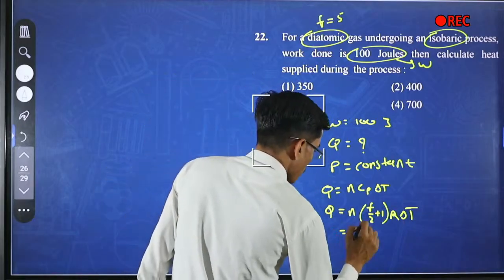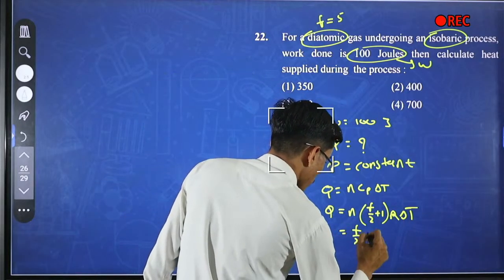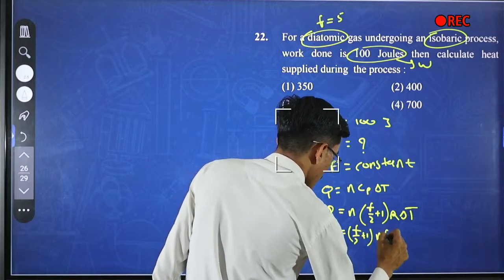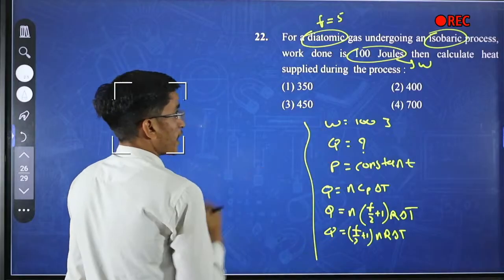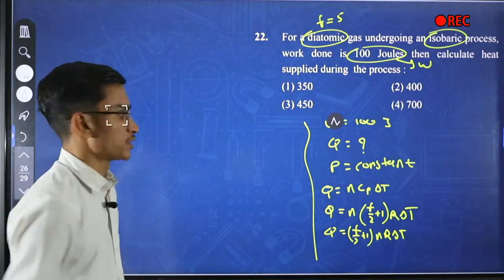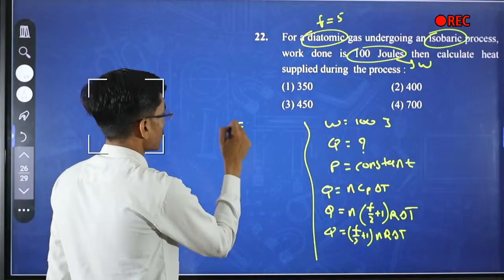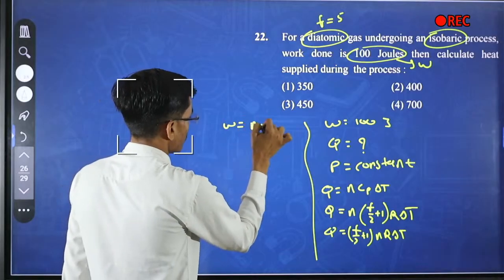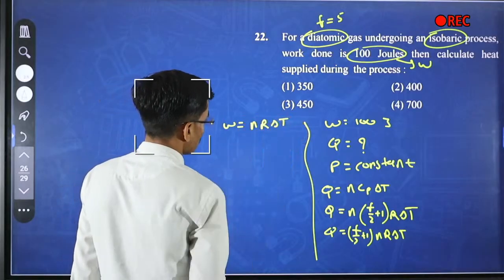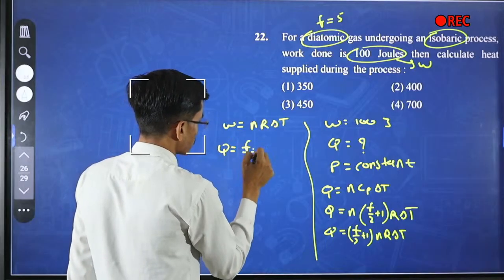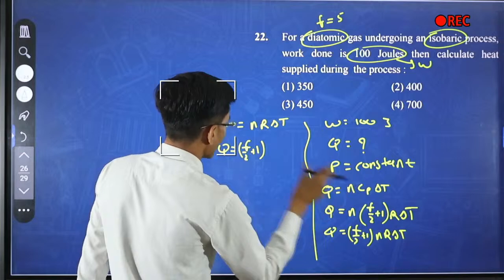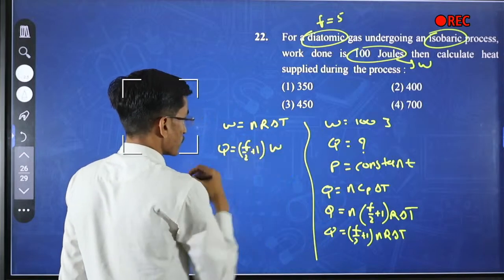Okay, so we can arrange this: f by 2 plus 1 into nR delta T is Q. In isobaric process, work done also can be written as nR delta T. So we can write Q as f by 2 plus 1 into nR delta T, which is work done.